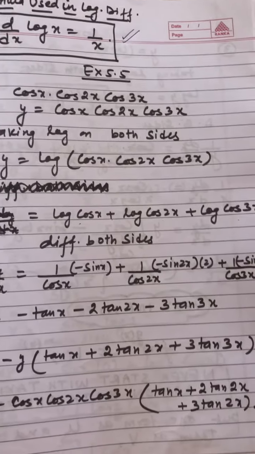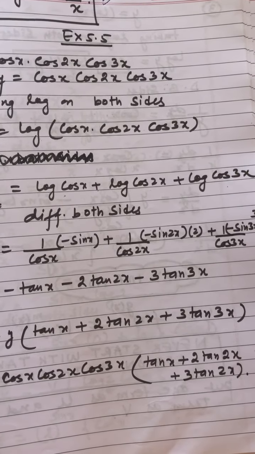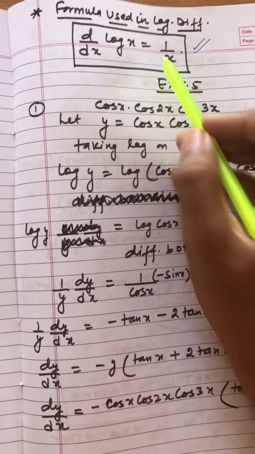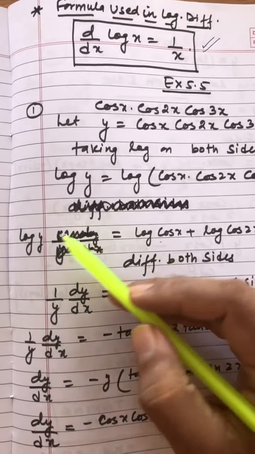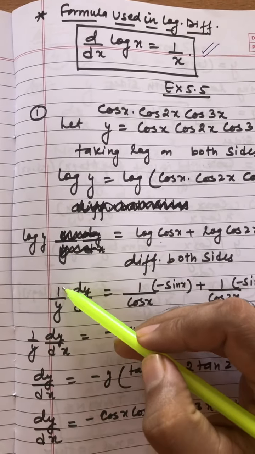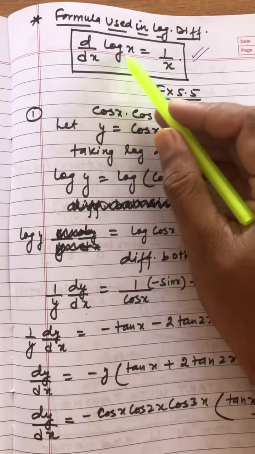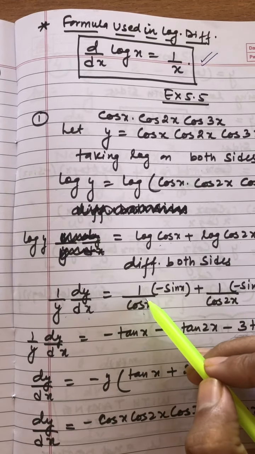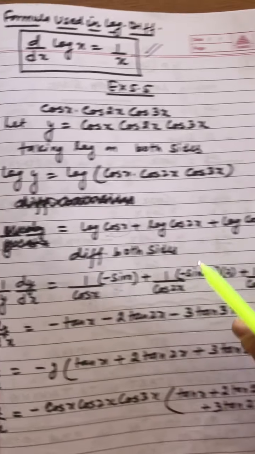Till now we haven't differentiated it. We have only applied the laws of logarithm. Now differentiating both sides. You know the differentiation of log x is 1 by x. Similarly, differentiation of log y will be 1 by y dy by dx. Now log cos x will be 1 by cos x, and then you differentiate cos x also by chain rule, so minus sin x.